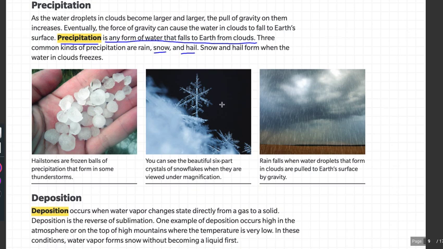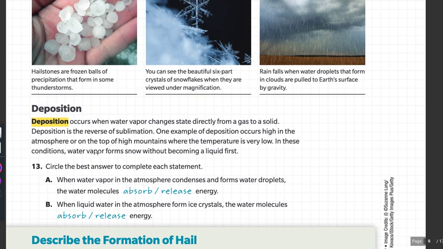Hail is usually when it's really windy and stormy: the frozen droplets swirl around in the upper atmosphere, and the swirling causes them to get mixed up and combine into larger drops, and then these eventually fall down when they get heavy enough.